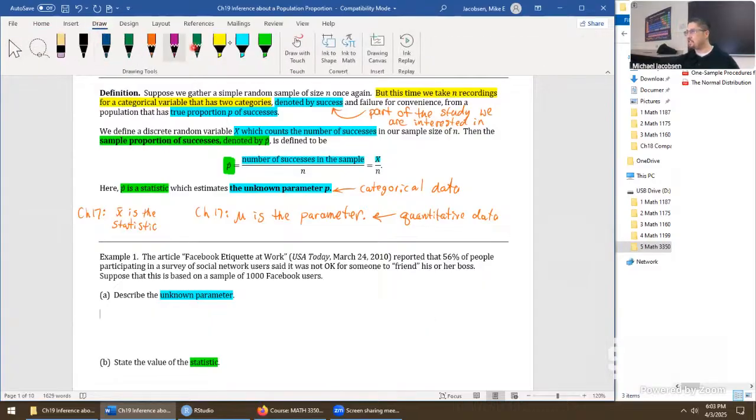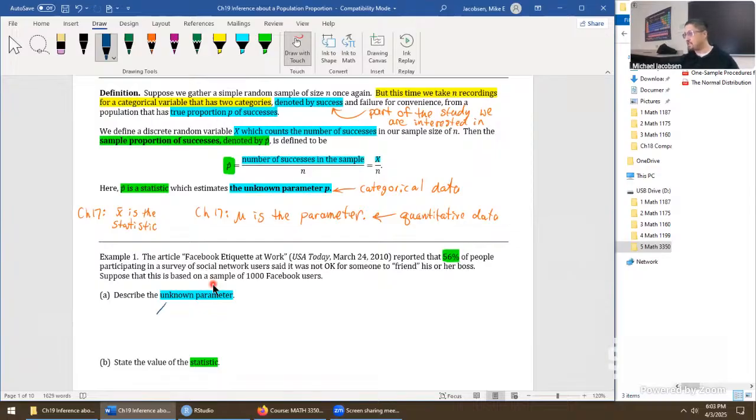But just like any good statistical problem, we wouldn't be doing a further analysis on this if we knew the exact value of the parameter. We would just tell you so. There's no reason to do further testing. So what this article has done is attempt to estimate the unknown parameter by calculating a statistic. And notice we're only being given the statistic. We don't even have the margin of error on that thing.